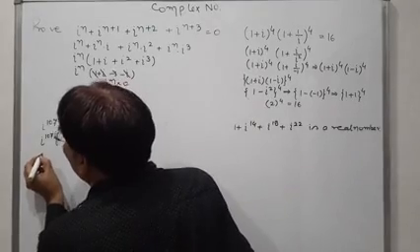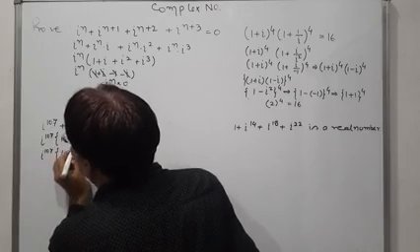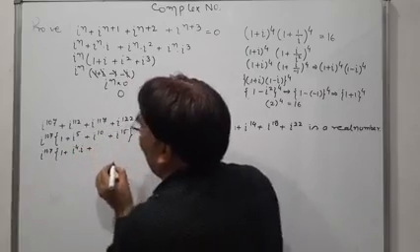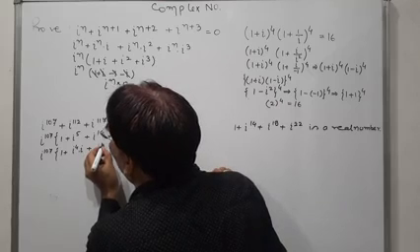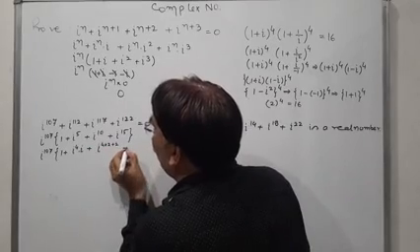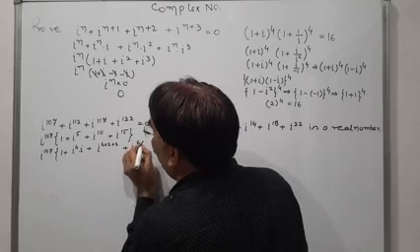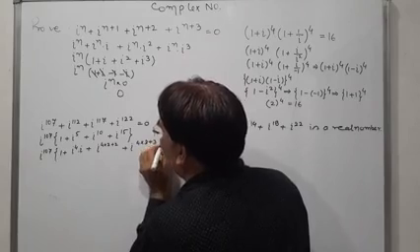Now i to the power 107 (1 plus, we can write i to the power 5 as i to the power 4 into i, plus i to the power 10, we can write i to the power 4 into 2 plus 2, and here i to the power 15 we can write 4 into 3 plus 3).